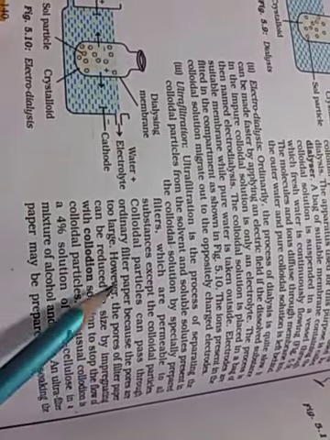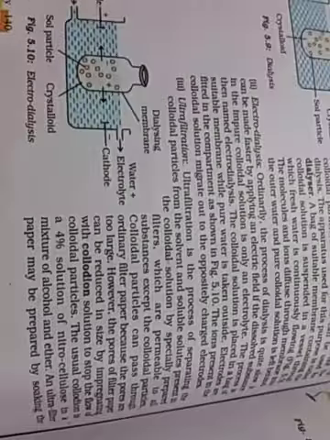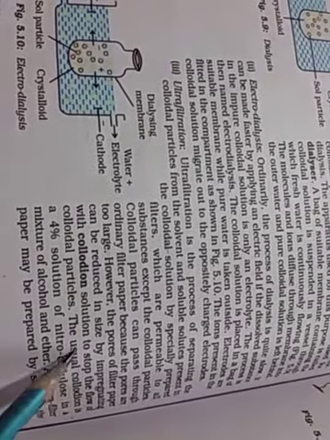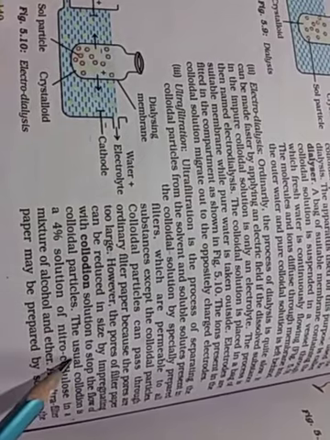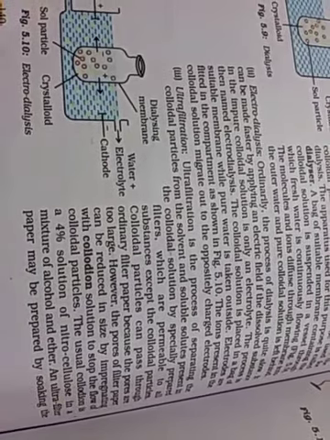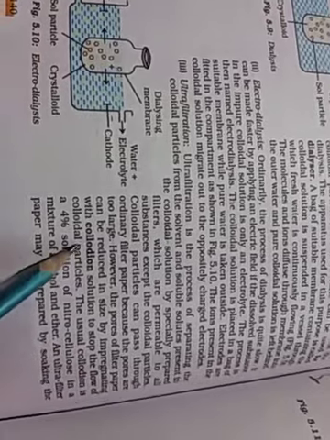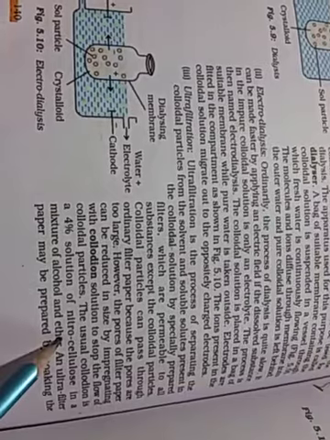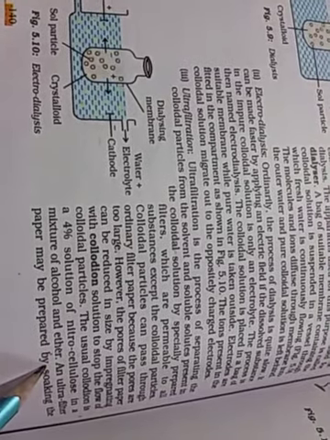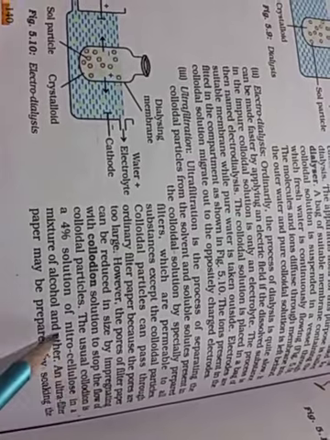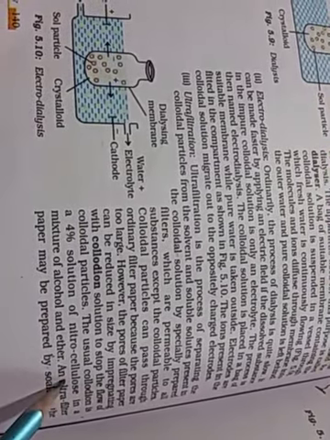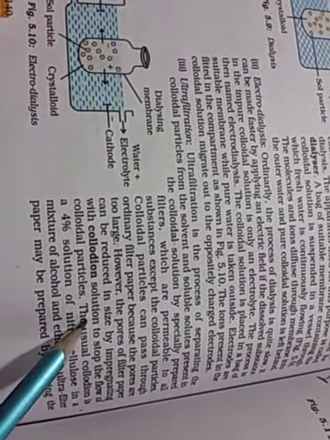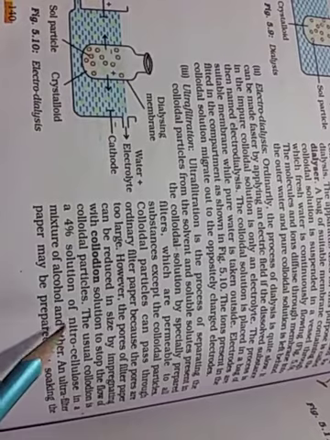Colloidal particles can pass through ordinary filter paper because the pores are too large, so the filter paper is impregnated with collodion solution to stop the flow of colloidal particles. Collodion is usually a 4% solution of nitrocellulose in a mixture of alcohol and ether.